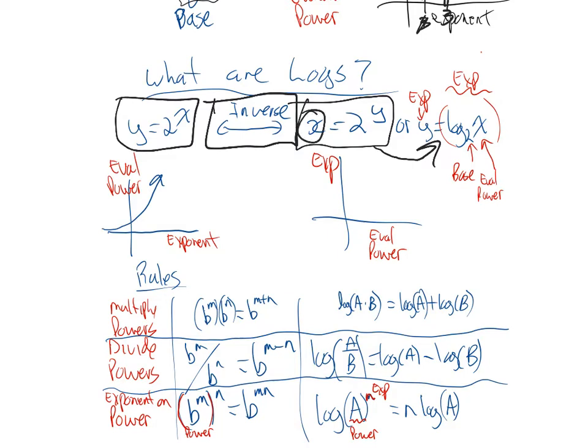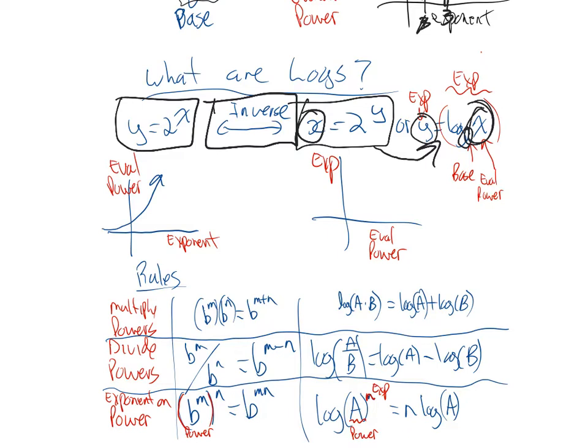In this case, x is the evaluated power. That's what the answer of the exponential relationship is. Your base is right there, 2, and y is just the exponent in this case. So we can see x is the evaluated power.